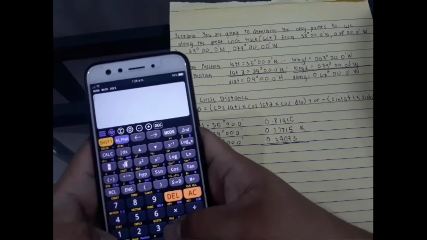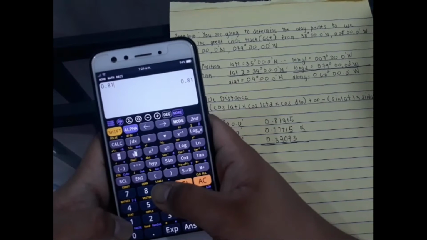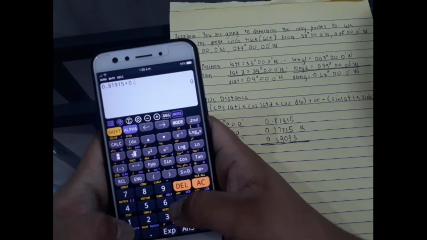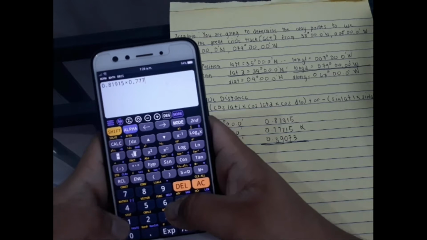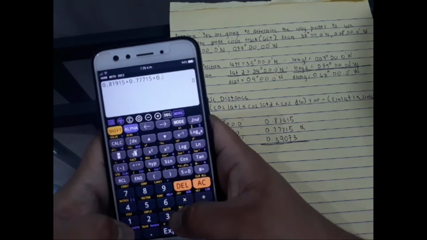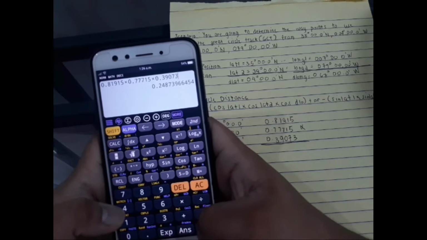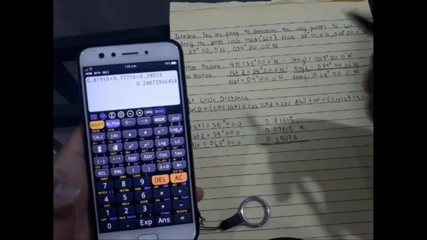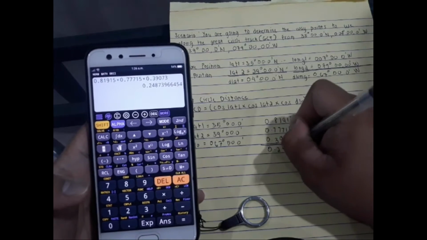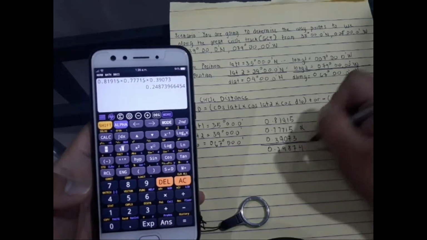So we're going to multiply them all: 0.81915 times 0.77715 times 0.39073, and there you go, it equals 0.2487, rounded off to 4 places.